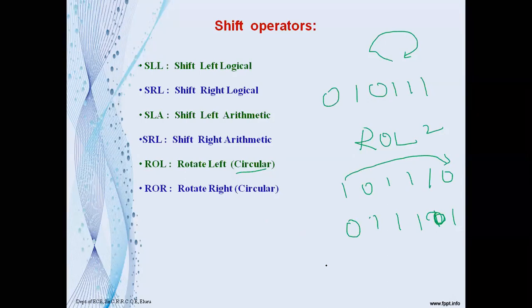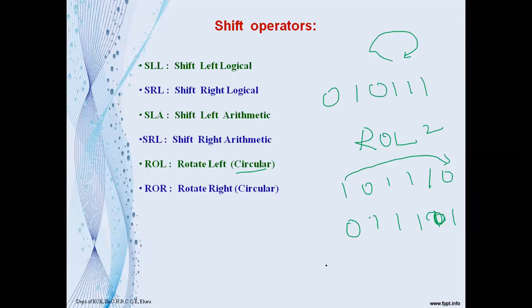So in shift left operation, shift right operation, shift left arithmetic and shift right arithmetic, what are we doing? We are appending the zeros in the case of the logical shift operations, and in the case of the arithmetic operations you are appending the most significant bit in the vacated bits. In the left shift you have to take the right MSB bit, for the right operation you have to take the left MSB bit position and fill the vacated bits with that MSB bit.